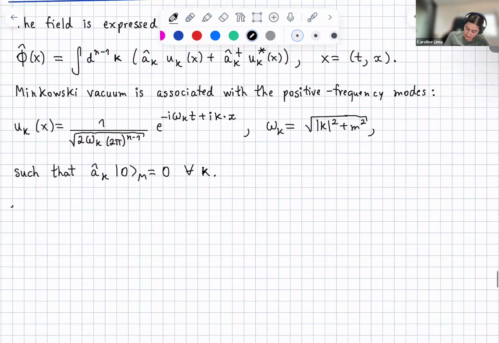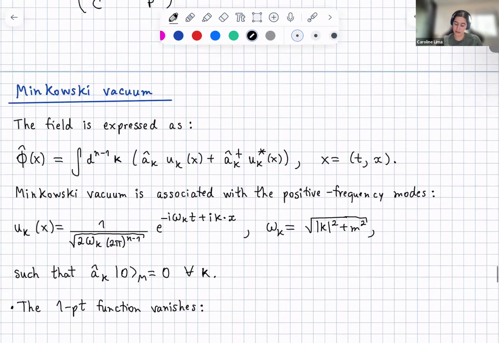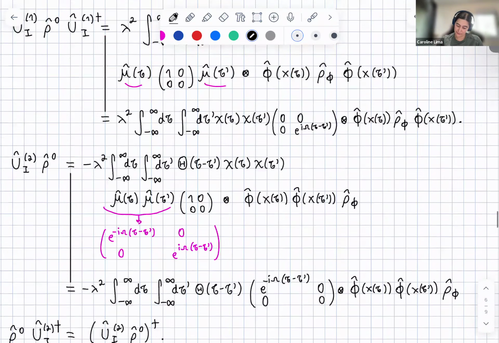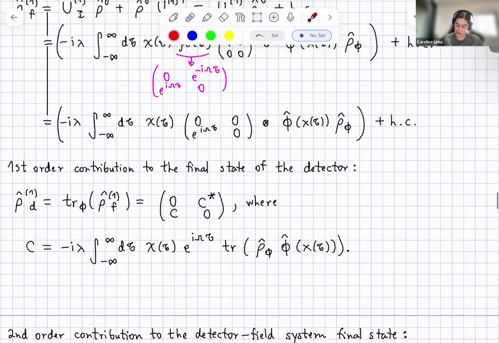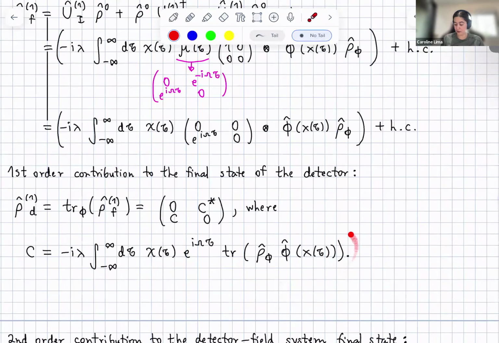So now I state that the one-point function vanishes. What I want to compute here is exactly that contribution that came from the first order contribution. I want to compute this one-point correlator for the Minkowski vacuum, okay?